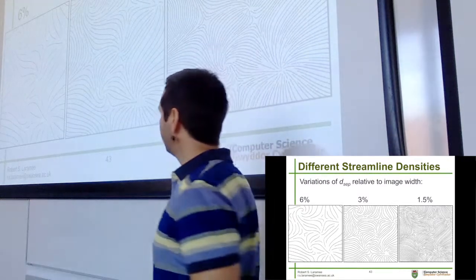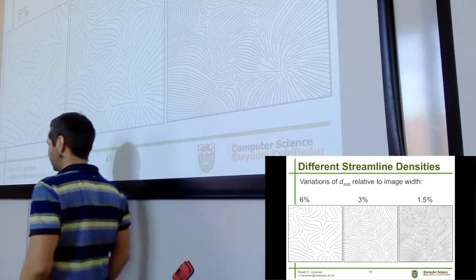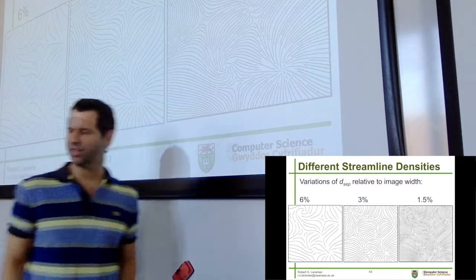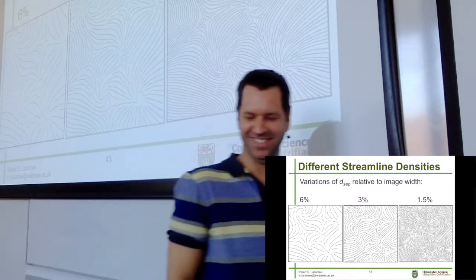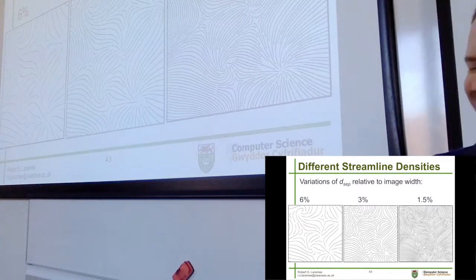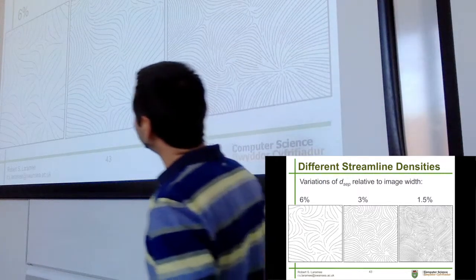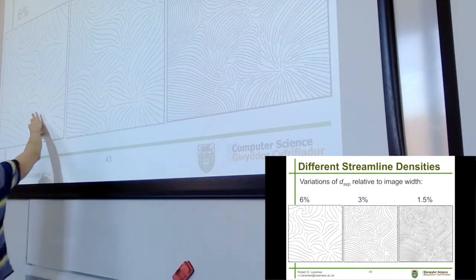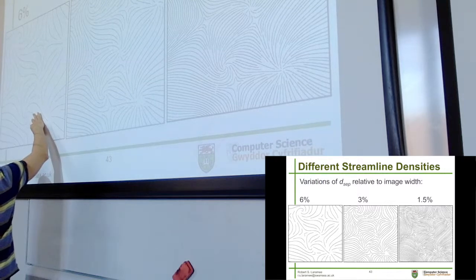So the two magic parameters are d-sep and d-test. No pun intended. This is what happens when you set d-sep to 6% of the image space.